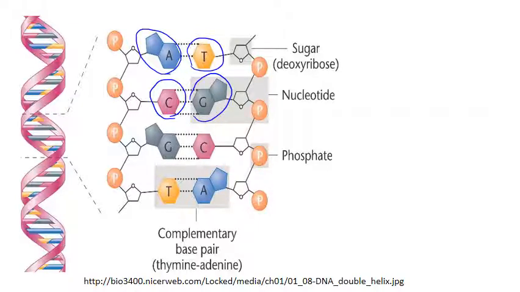Pairing between a purine and a pyrimidine ensures constant diameter throughout the helix. We can see there are 3 hydrogen bonds between guanine and cytosine and 2 hydrogen bonds between thymine and adenine. That means GC bonding is stronger than AT bonding.